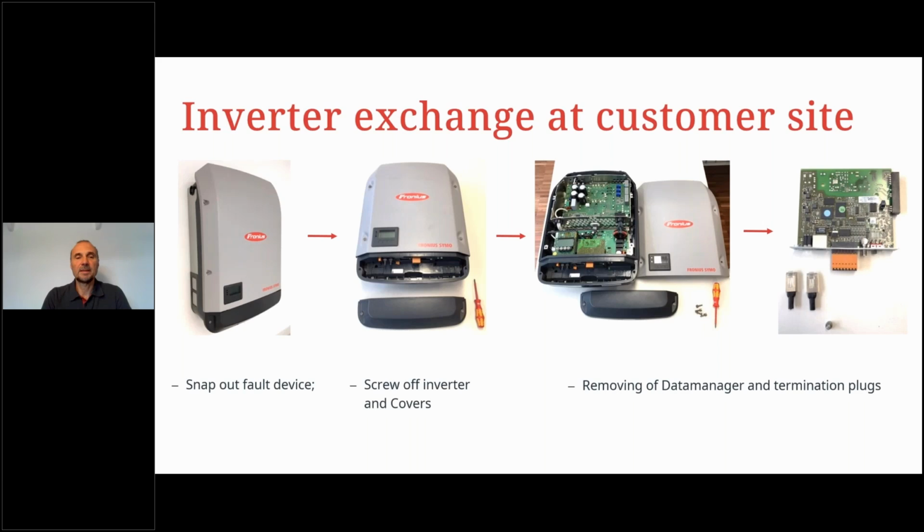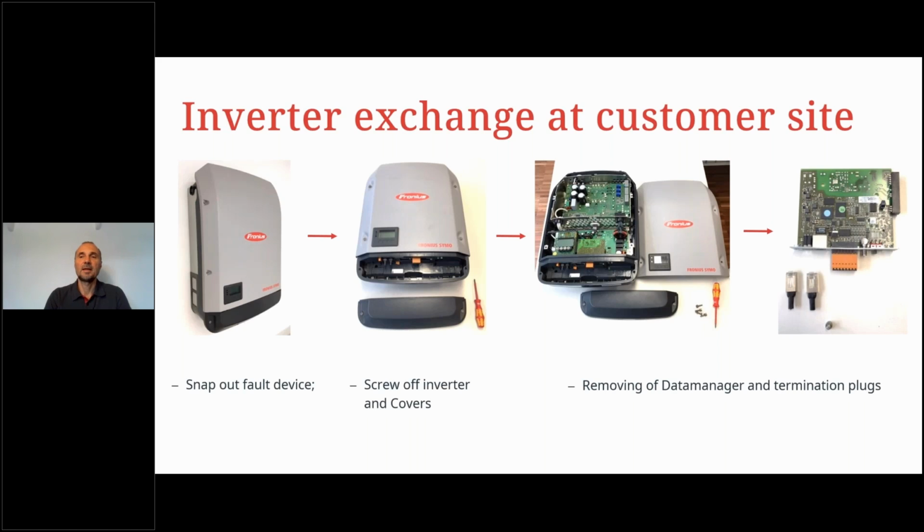Then you open also the front cover, to see in the third picture, and with 4 screws you can open this front cover as well. Then you see all the PC boards in the inverter, and secondly, you also have to exchange the data manager card, which I will explain in more detail later on.